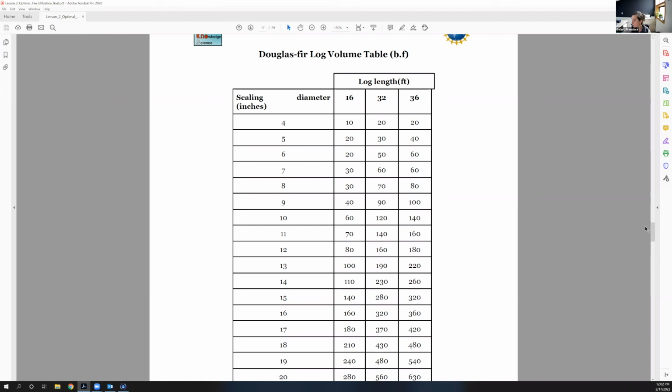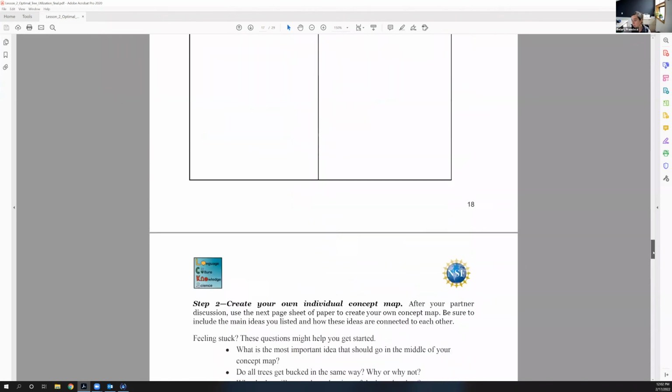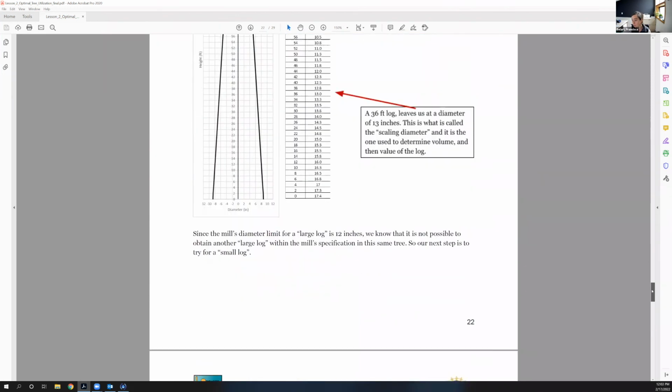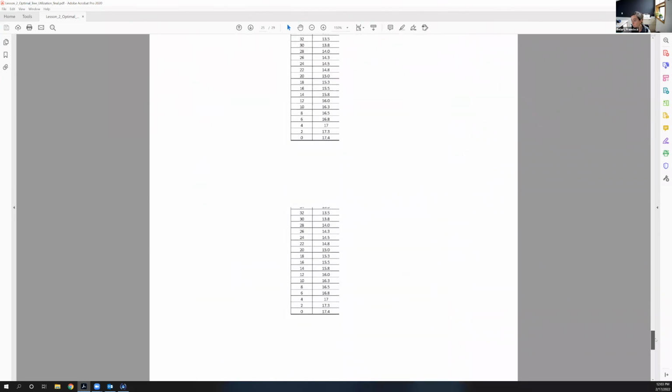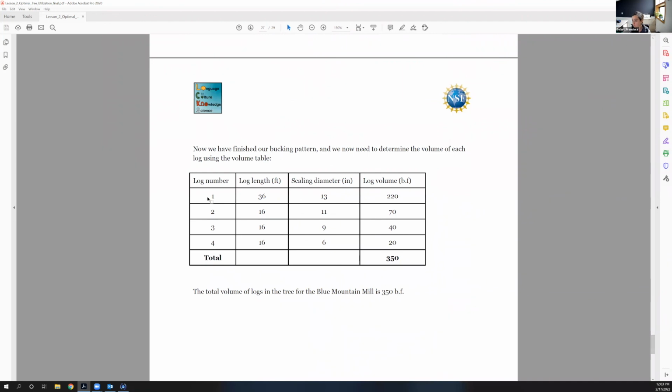So at the very end on the table is a summary of all of those volumes. So here they are. The 36-foot log with 13-inch scaling diameter has 220 board feet.